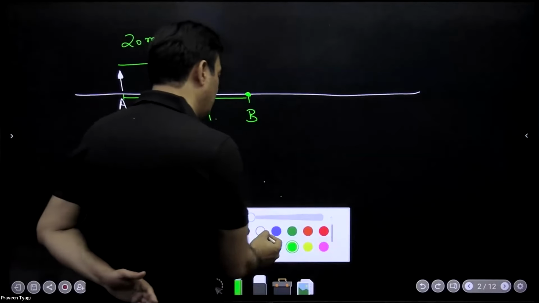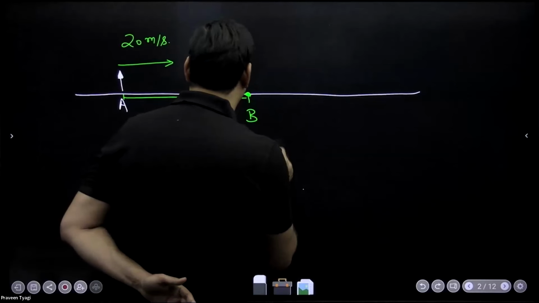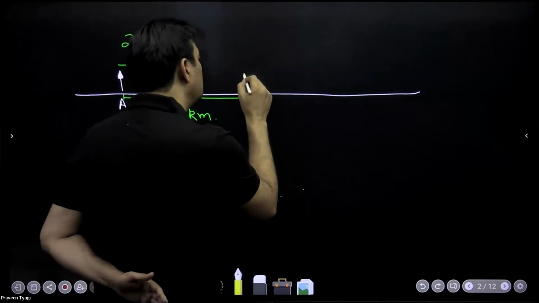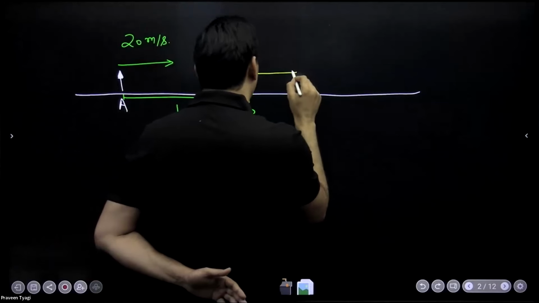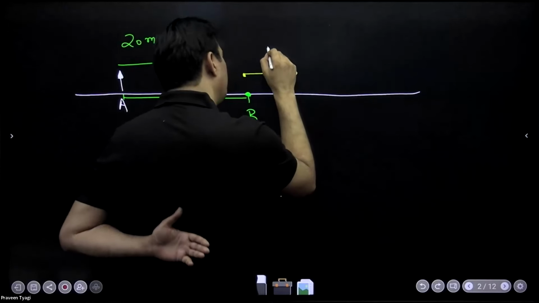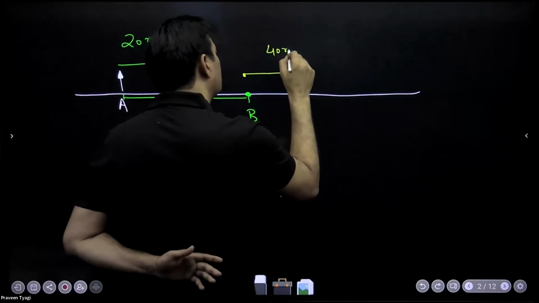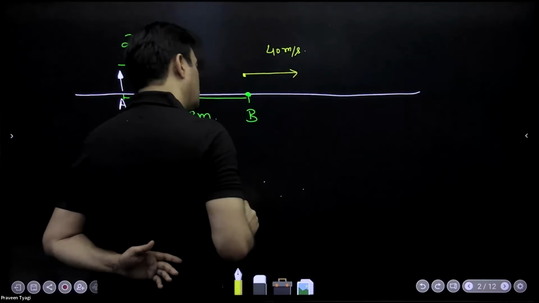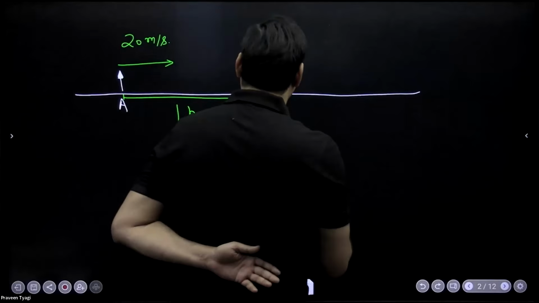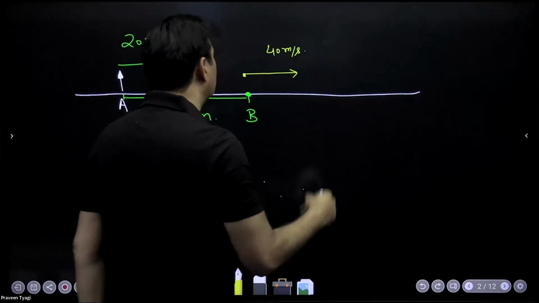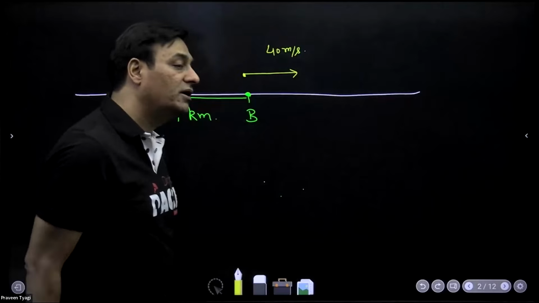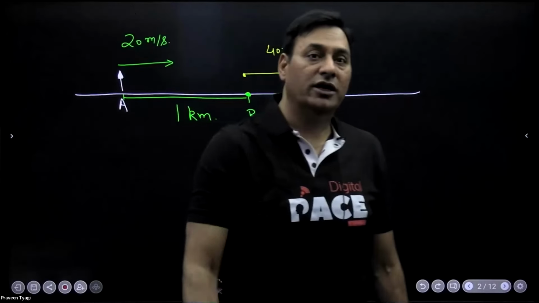After reaching B, I realized I am getting late for my meeting. From here onwards, I started driving fast and my speed was uniform again, constant again, and it was 40 meters per second. I increased it, and it was constant throughout. How can you be immediately at 40?